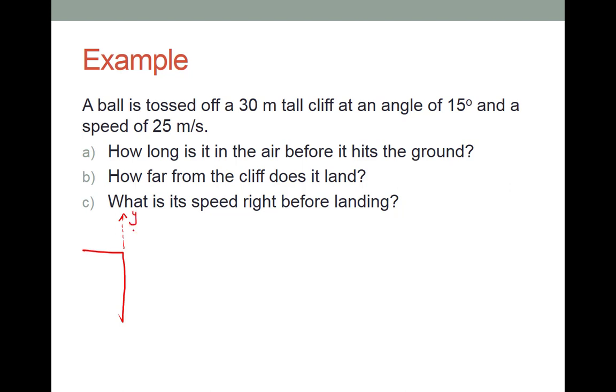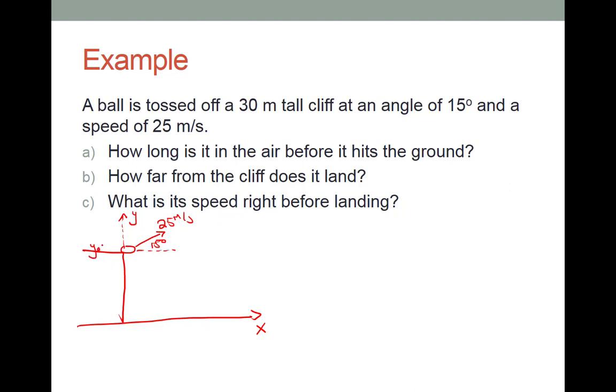So you can see my cliff. I'm letting the edge of the cliff be my y-axis. Here's my x-axis. And the ball is tossed off the cliff at an angle of 15 degrees. If it doesn't specify or there's no drawing, assume it's with respect to the positive x-axis at 25 meters per second.